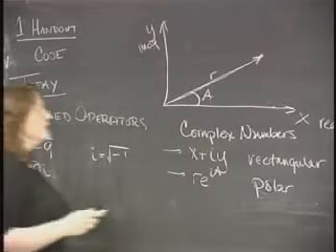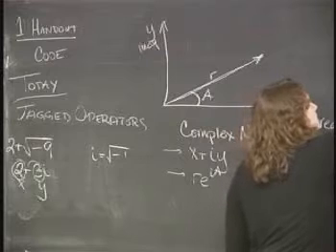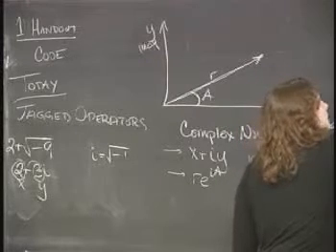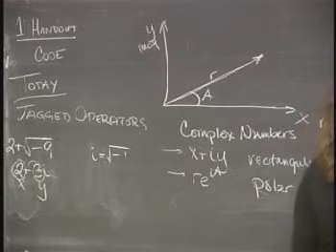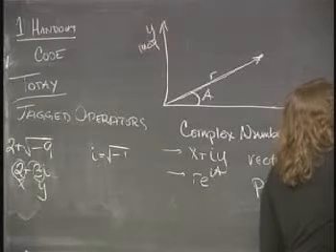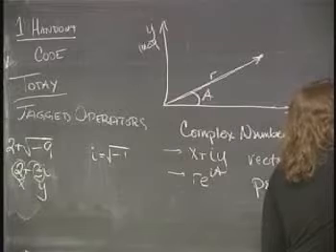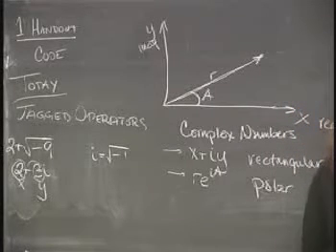The first one. So if we have x1 plus iy1 plus x2 plus iy2, well, that's going to be equal to x1 plus x2 plus i times y1 plus y2.